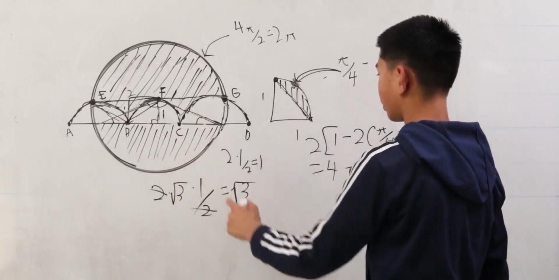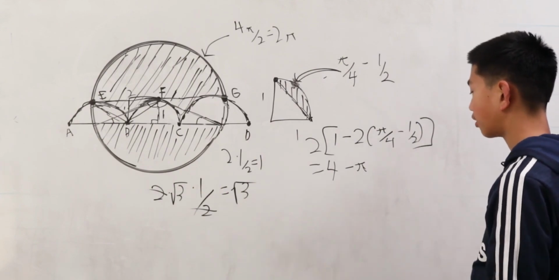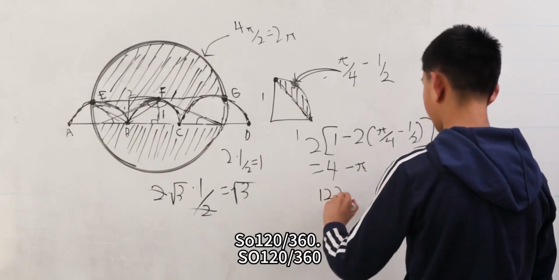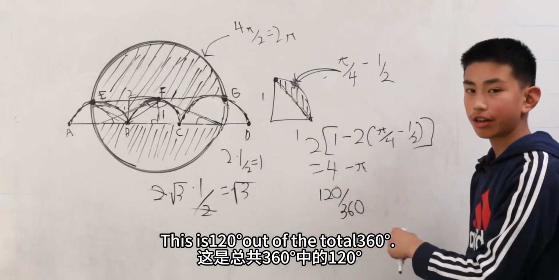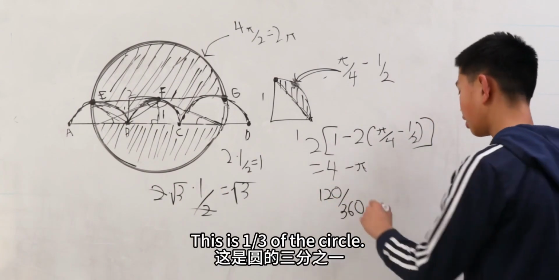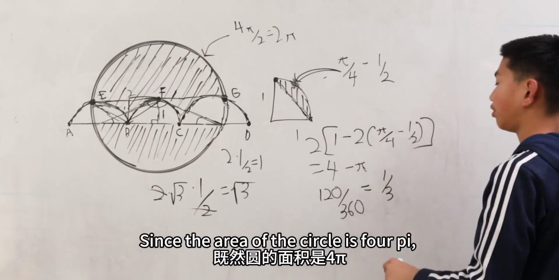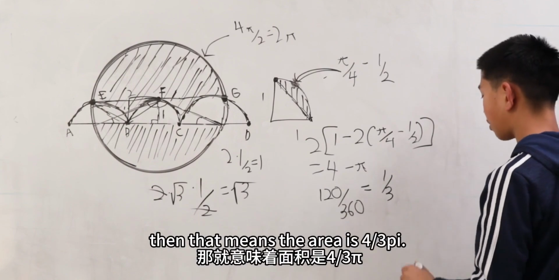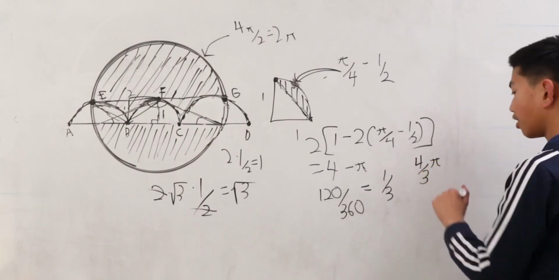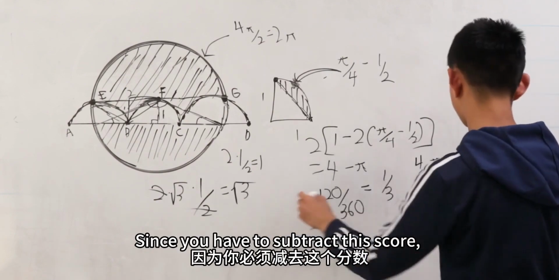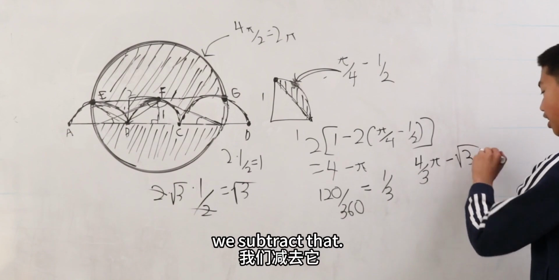As previously stated, it's a 30-60-90 triangle, so this is 120 degrees out of the total 360 degrees, which is 1/3 of the circle. Since the area of the circle is 4 pi, the area is 4/3 pi. Then we subtract this triangle that has area root 3.